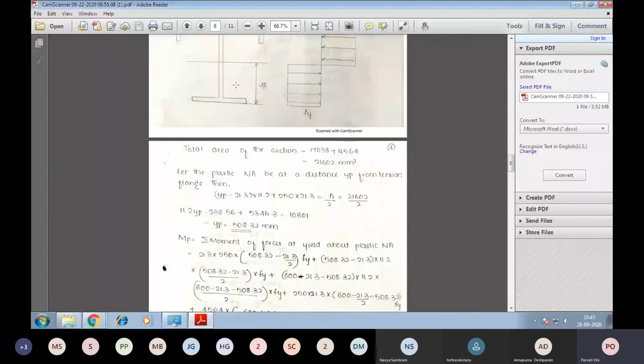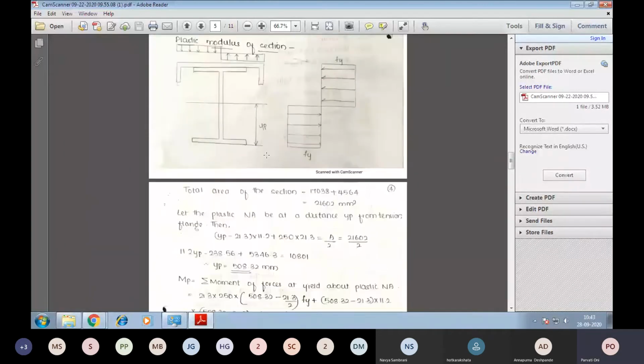This depth is 508.32 minus 21.3, into thickness 11.2, and the CG will be at a distance of d by 2 from the neutral axis. So d by 2 is (508.32 minus 21.3) divided by 2, into Fy, which will give you the plastic moment of this web section.